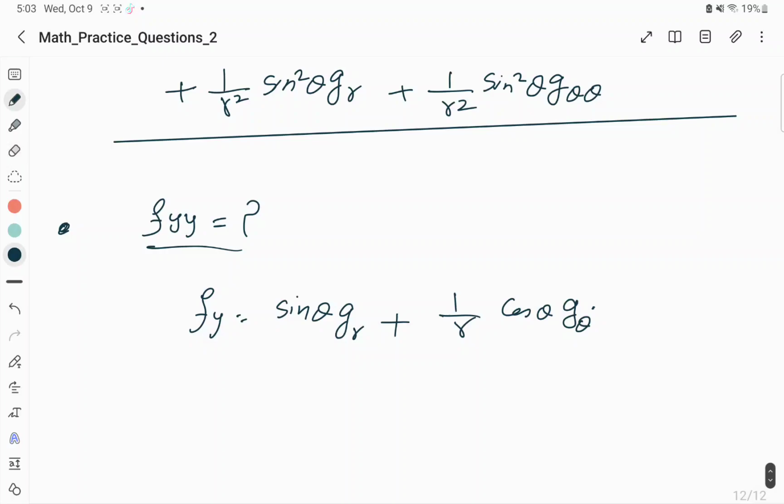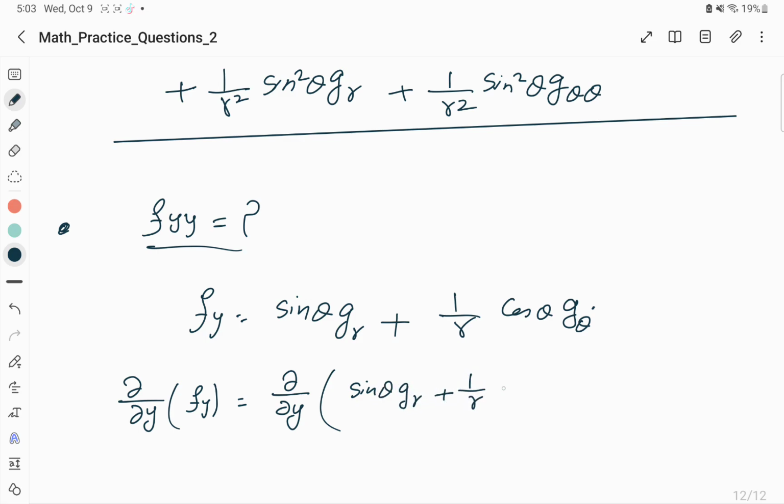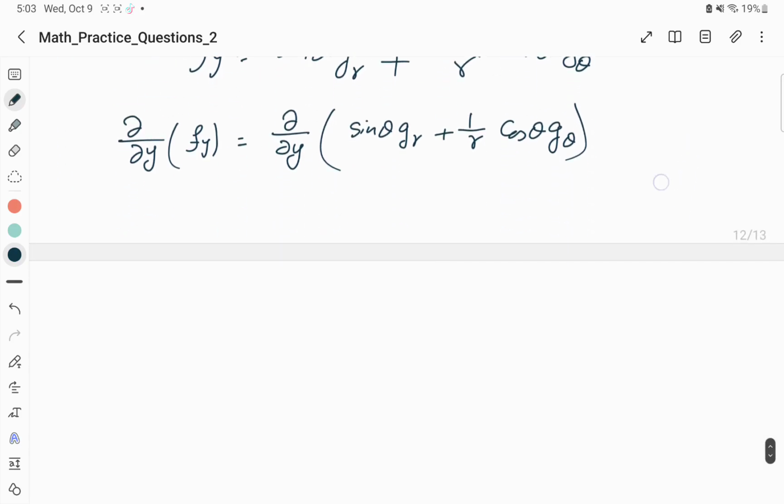So let's apply the derivative with respect to y once more on both sides. So it will be partial y applied on f_y is equal to partial y of the expression sine theta g_r plus 1 over r cos theta g_theta.